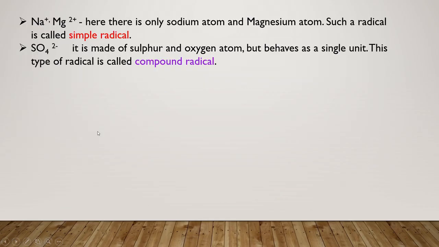Now sodium, magnesium: here there is only a sodium atom, a magnesium atom, and such a radical which is made up of only one type of atom is called a simple radical. And SO4 2-, as I already showed you, is made of sulfur and oxygen atoms, but they behave as a single unit. This type of radical is called a compound radical. Sulfate radical is a compound radical. Hope this topic is clear to you.